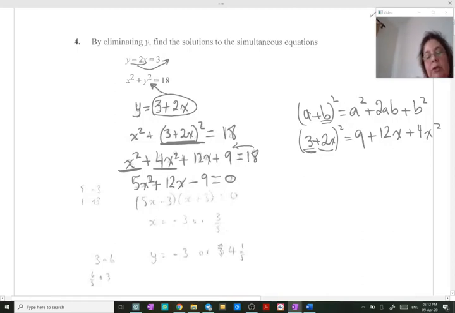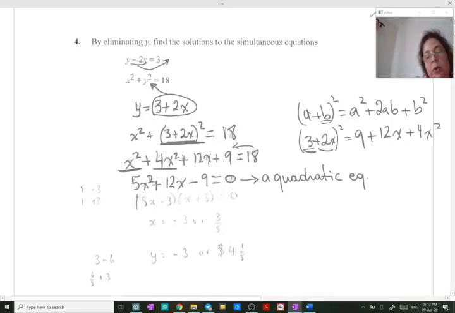Now when you reach this phase, you need to factorize in order for you to solve it. So this is a quadratic equation, and to solve a quadratic equation, one of the methods that you know is to factorize it.